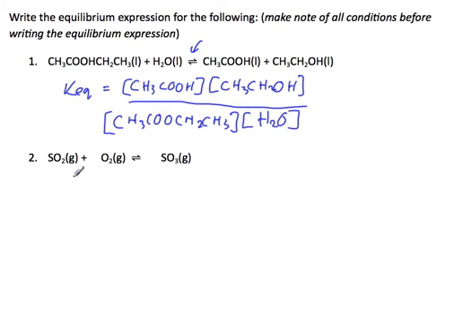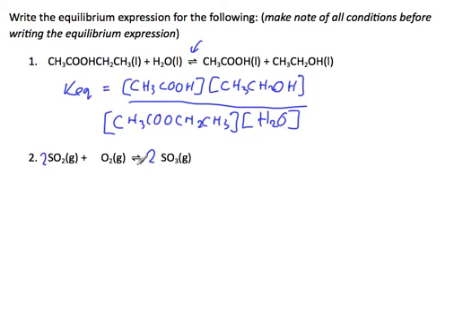Final example: SO2 plus O2 yields SO3. Hopefully you recognize this is not balanced. A couple of reasons why we might recognize that: the first one is the spaces in front of these things. So we're going to have to balance this equation. Sulfur is balanced, but oxygen is not. We have 4 and we have 3, so we're going to multiply this by 2.